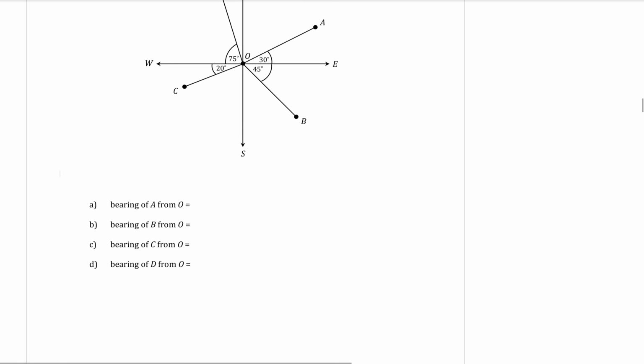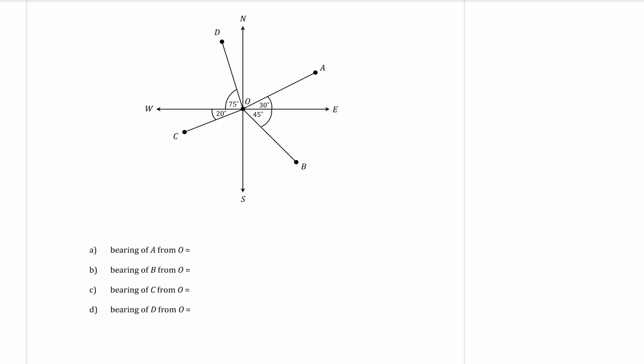So it says down here, find the bearing of A from O. Okay, so here is A. This is the one we want to find the bearing of first. True bearings this is. So true bearings are always measured from the north around to the arm. I need that angle there.